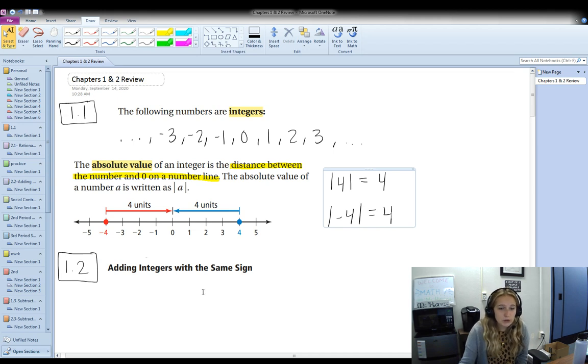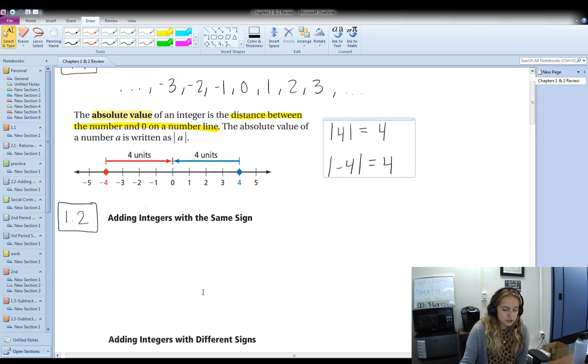All right, moving on to 1.2, adding integers with the same sign. This is a very important rule to write down. Everybody needs to be writing down this rule, please. So if you're adding integers with the same sign, what that means is that both numbers are either positive or both numbers are negative. Okay, so same signs.